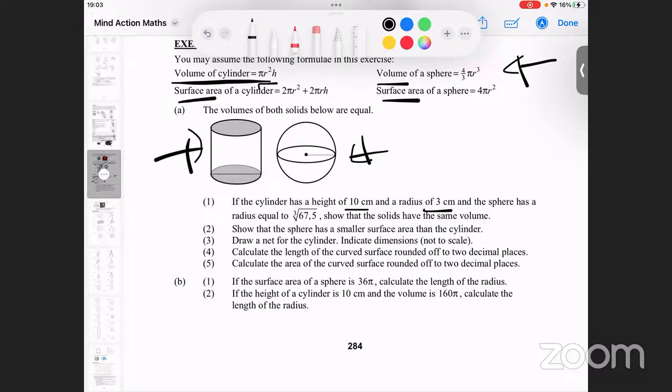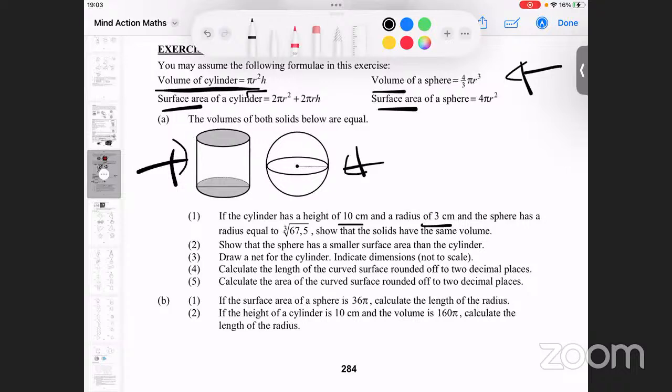Guys, are you still with me? Are we still together? Yes, ma'am. I'm just calculating. Okay. Busisi, are you also calculating, or do you have something for me?